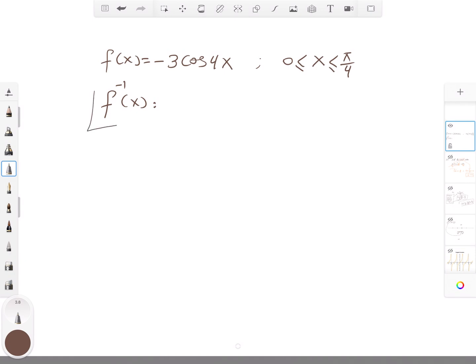They're not asking what is cosine inverse, but the f inverse.